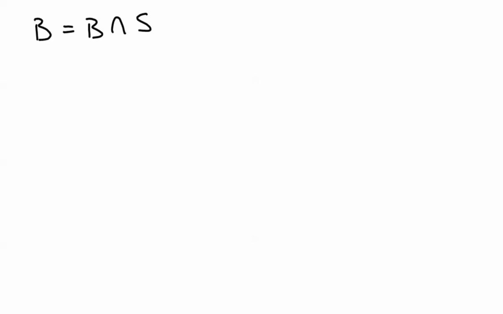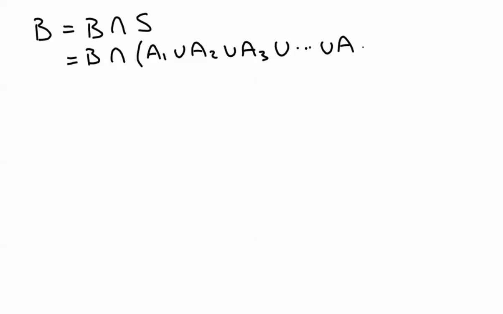Any event equals itself where it intersects the sample space. I can rewrite this as B intersect the exhaustive union of A1 and A2, A3, all the way up to A9. All right? This is because of the notion of a partition.